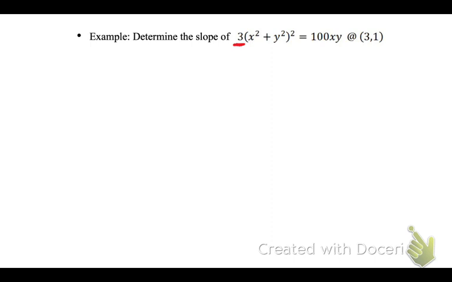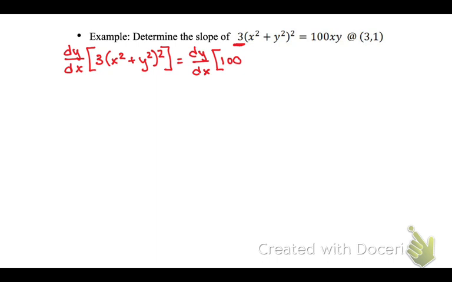Okay, what do I do to both sides? The dy dx. Okay, so dy dx, make sure you have room to expand, of 3x squared plus y squared, squared, equals dy dx of 100xy.